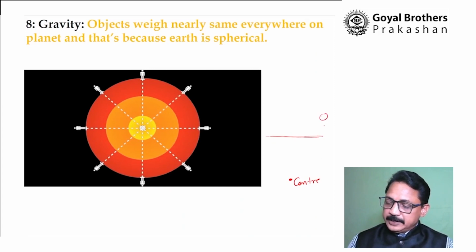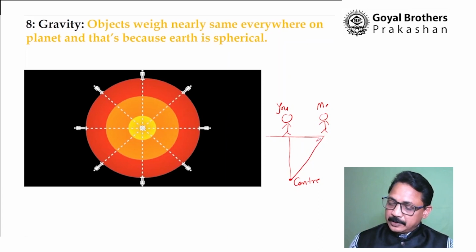Let us say I am standing here and you are standing exactly above here. This is you, this is me. So between me and the center of the earth the distance is more. Between you and the center of the earth the distance is less.